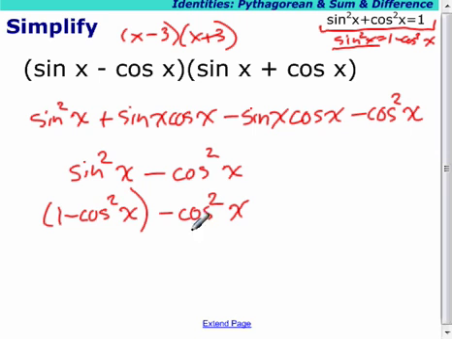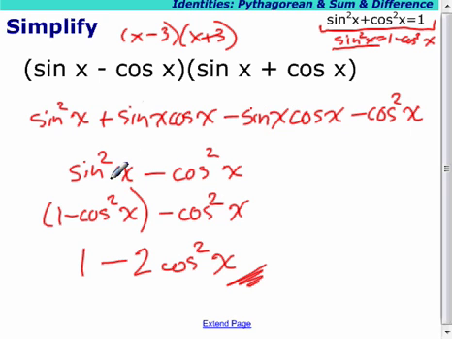Minus cos squared x. Now simplifying, I have 2 of these, a minus 1 and another minus 1, so I have 1 minus 2 cos squared x. This is where I would leave this simplification. So I used FOIL like we've done lots of times before. I saw 2 terms that were a plus and a minus.